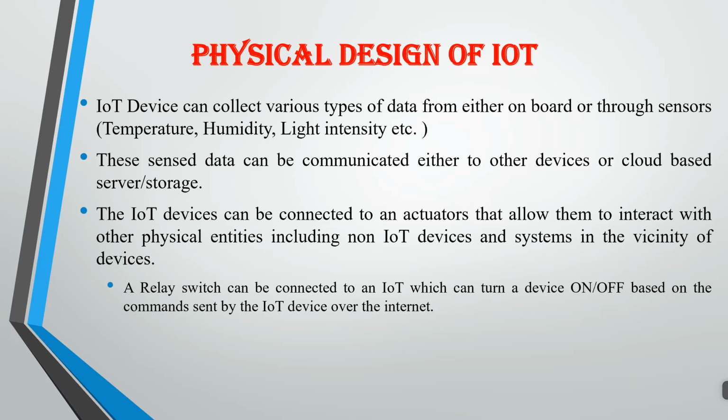These actuators allow them to interact with other physical entities, including non-IoT devices and systems in the vicinity of the devices. As I already told, a relay switch can be connected to an IoT device, which can turn the device on or off based on the command given by the IoT device. See here, the IoT device is not controlling. Here the relay is controlling. So an actuator is actually controlling. For the actuator to do the service, you require the IoT's help. So this is the joint venture of IoT along with the actuators.